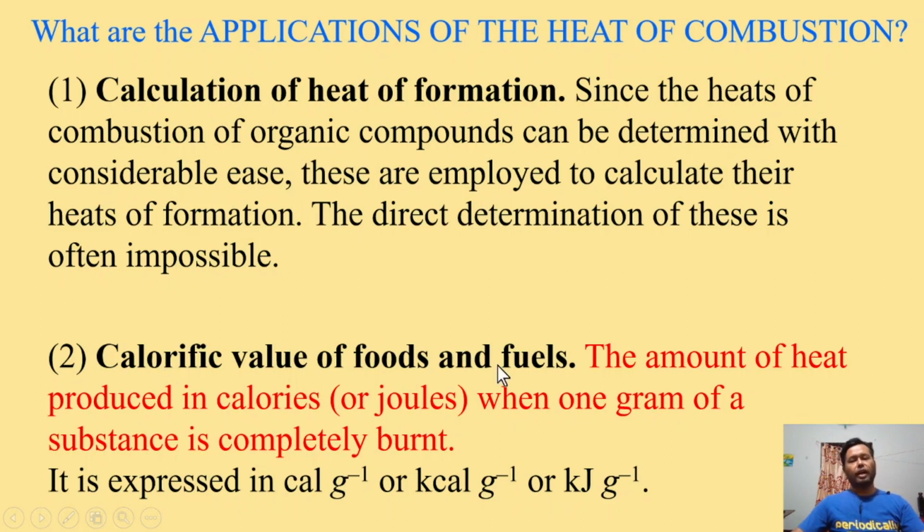The chips are burned in oxygen and the amount of heat or energy released is measured, and then the value is given on the food pack, showing how much energy you will gain when you eat this amount of food. So this is the alternate way we can get the calorific value of foods and fuels, not only foods, but for every fuel.